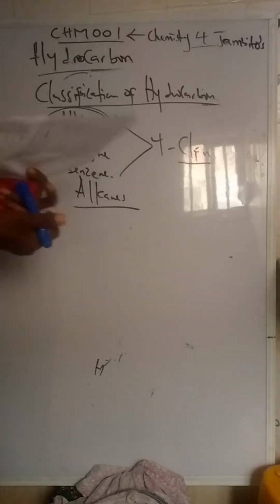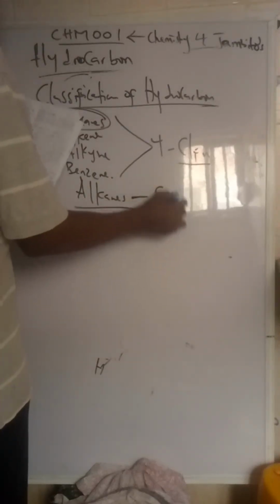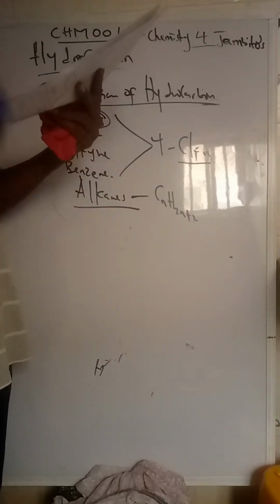Now I've told you earlier that the general formula for alkane is CnH2n+2. Don't forget. I want you to note this down. Note, alkane has no functional group. I've said that before. Alkanes are saturated hydrocarbons containing only carbon to carbon and carbon hydrogen single bonds, making them very unreactive.